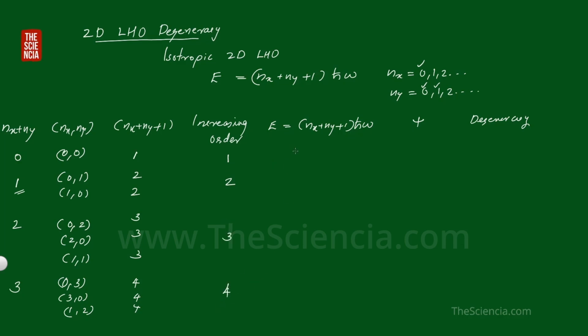That is, the energy is h cross omega, 2 h cross omega, 3 h cross omega, 4 h cross omega. This one is the ground state, right? Both nx and ny are 0, therefore it is the ground state.